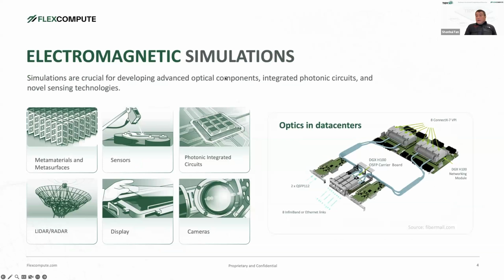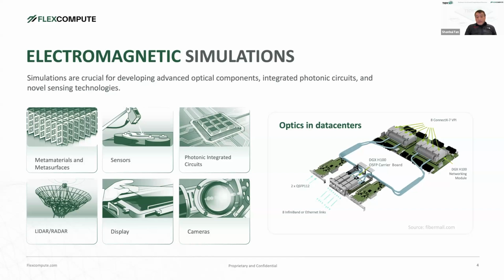So what we would like to do, what we did and will continue to do at Flexcompute, is to exploit this opportunity in the shift of computational hardware to do electromagnetic simulation in a completely different way. It probably is not necessary for this audience to emphasize the importance of electromagnetic simulation.